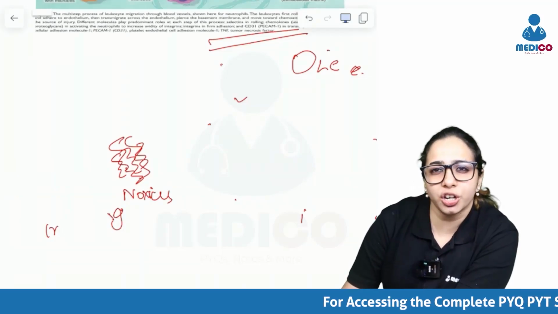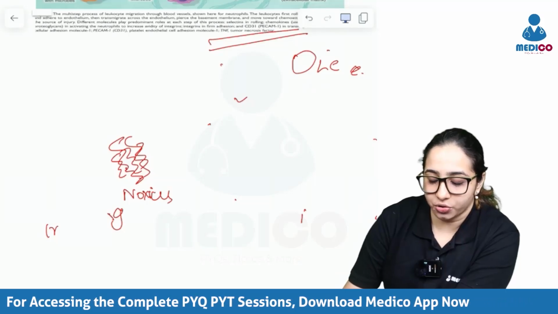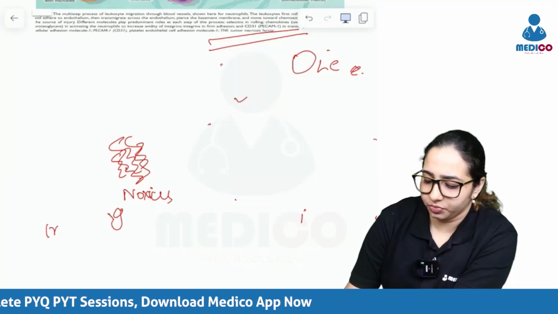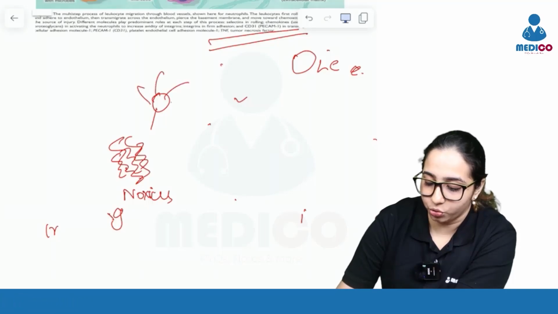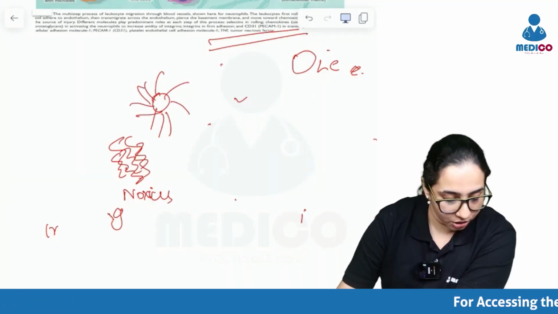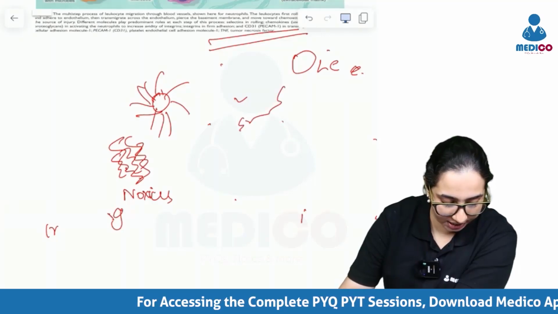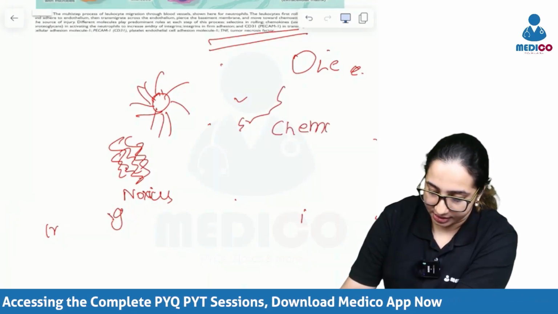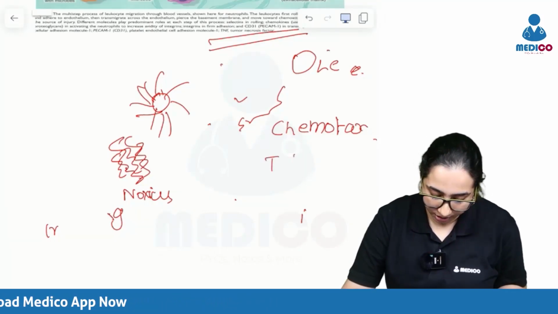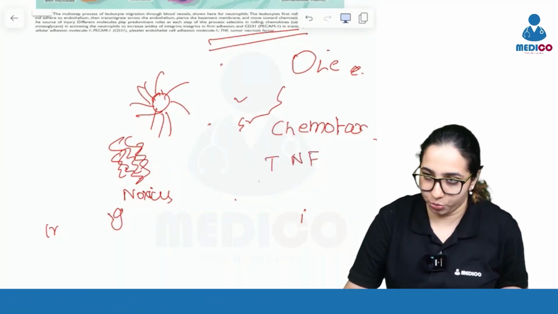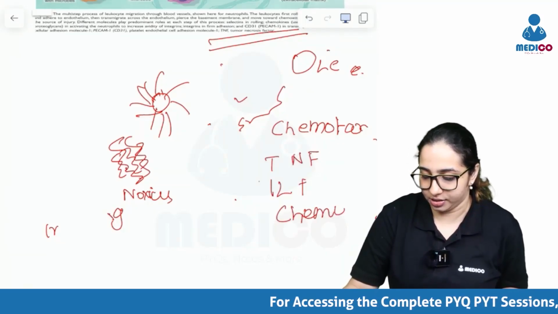It needs some sort of identification, some sort of signal that this is what you have to do, this is where you have to go. That process is known as chemotaxis, and it is mediated by your TNF, that is tumor necrosis factor, your interleukins and your chemokines.